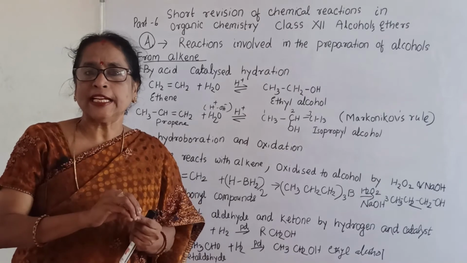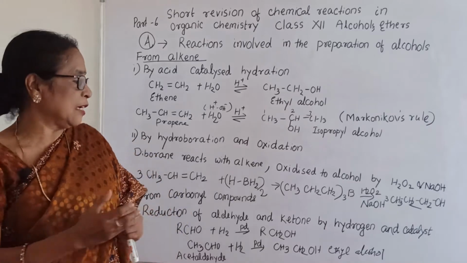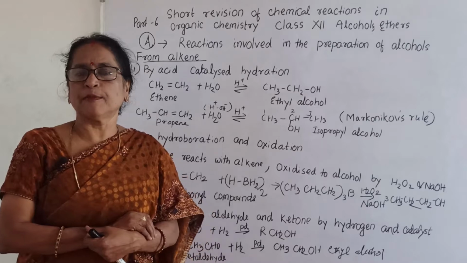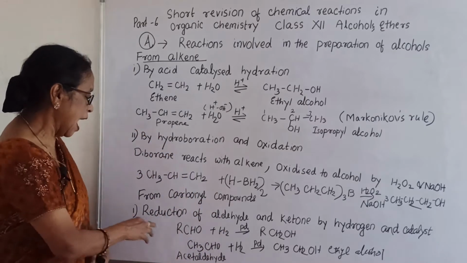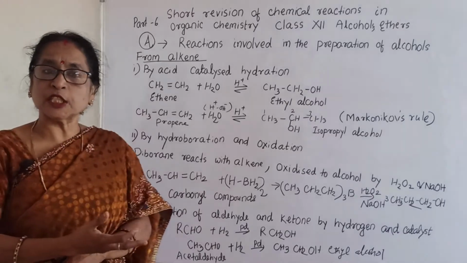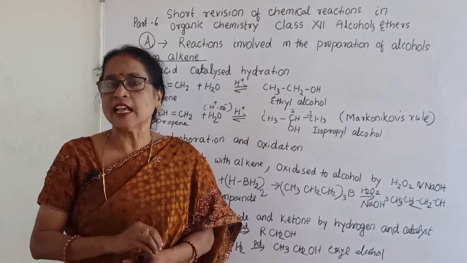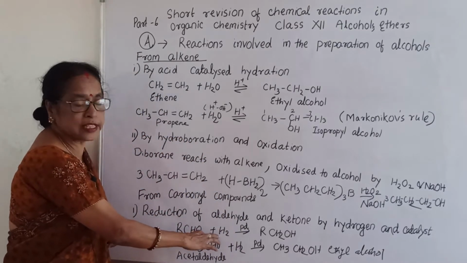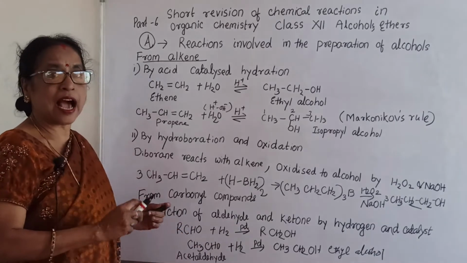So you take aldehyde and ketone, then you take hydrogen, and in presence of catalyst, especially palladium or platinum, and here you are taking palladium. Now see RCHO. What is RCHO? That is aldehyde. RCHO is the general formula of aldehyde. So when you take hydrogen gas in presence of palladium as catalyst, you will get alcohol.